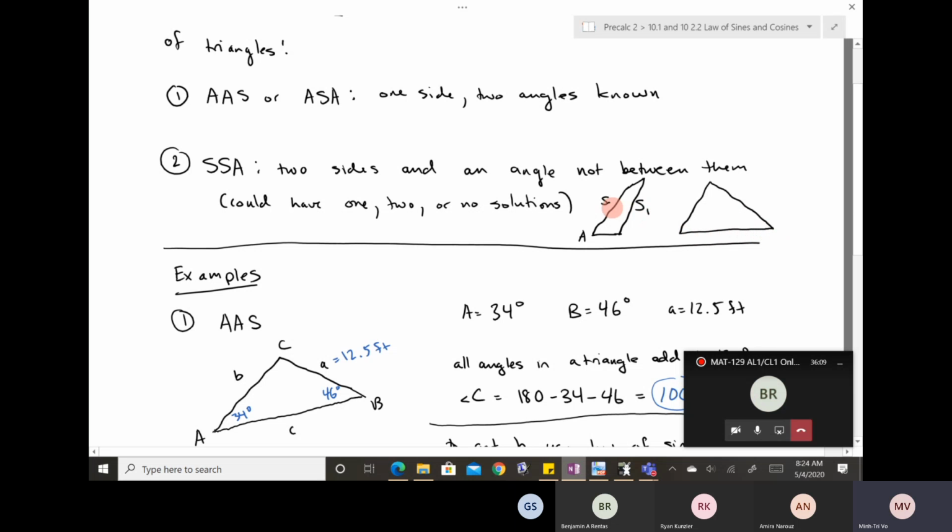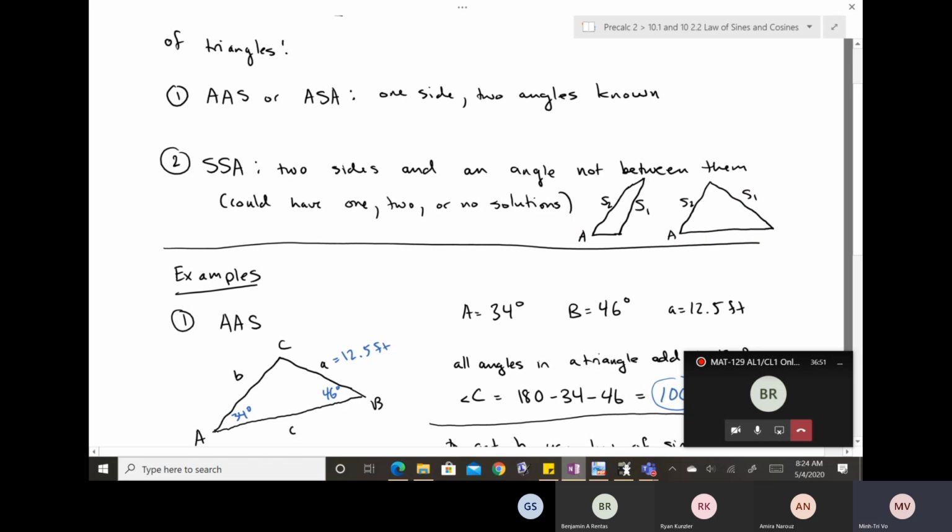So let's call this S1, S2, and A. This is S2 and A. I didn't draw this example very well, but in any case, this is essentially the situation where I can draw two different triangles that have the same side lengths, and angle A is the same, but the top angle and the other angle are different.